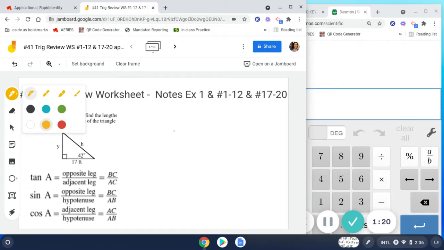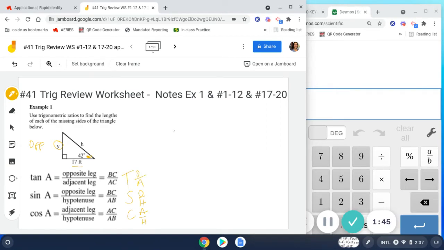If 42 is my reference angle, I'm noticing that I'm solving for an opposite, and I was given an adjacent. So I look down here at my trig functions, sine, cosine, and tangent, or my SOHCAHTOA, and I'm noticing which one uses opposite and adjacent.